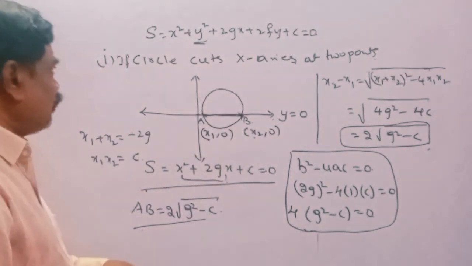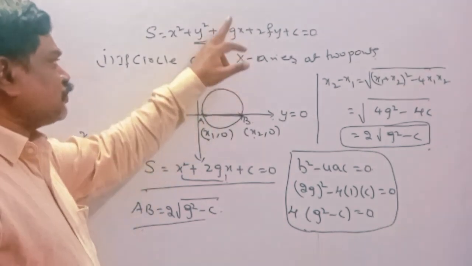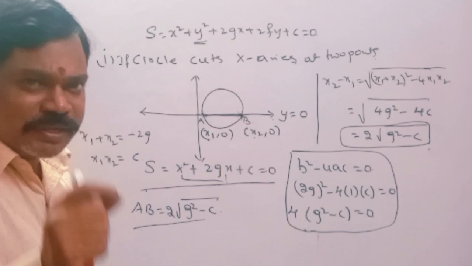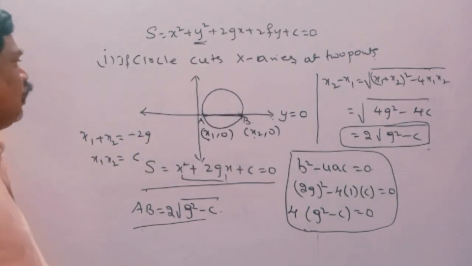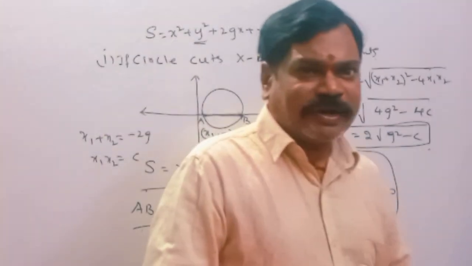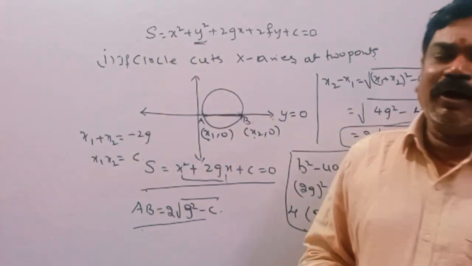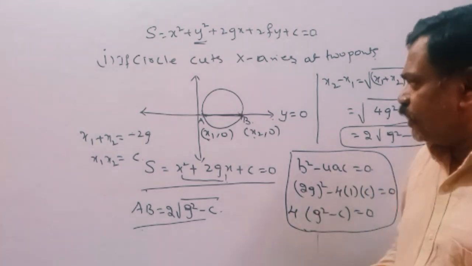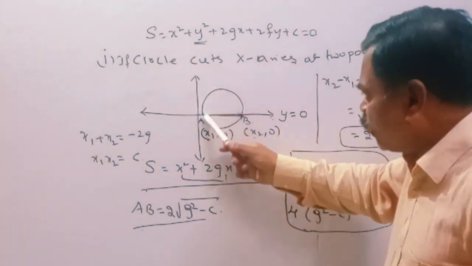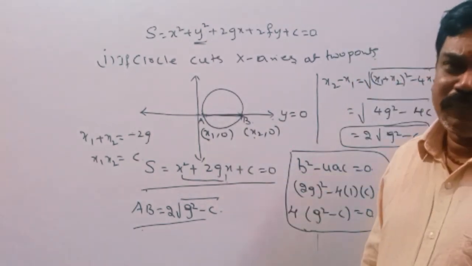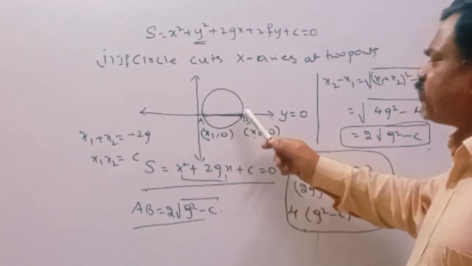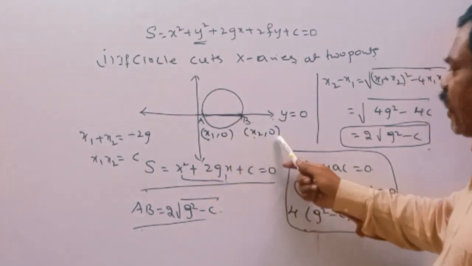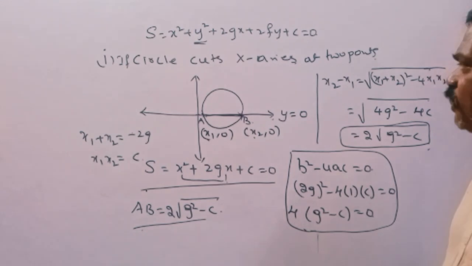Then once again you see S is equal to x square plus y square plus 2gx plus 2fy plus c equal to 0 is the general equation of the circle. Here, in the first case, we want to find the x-intercept of the circle equation. The x-axis cuts the circle at two different points, (x1, 0) and (x2, 0), meaning y is equal to 0.